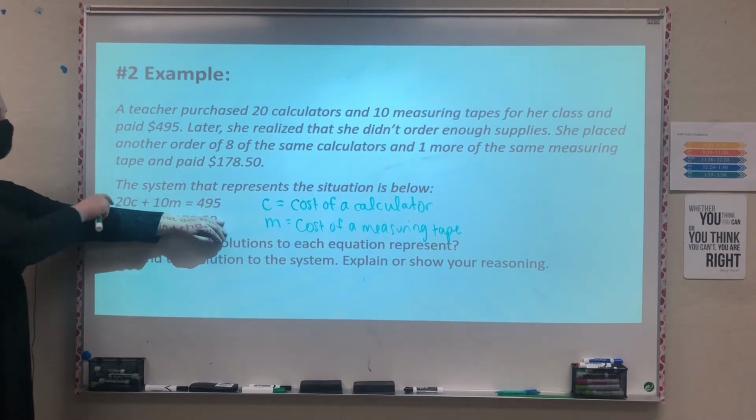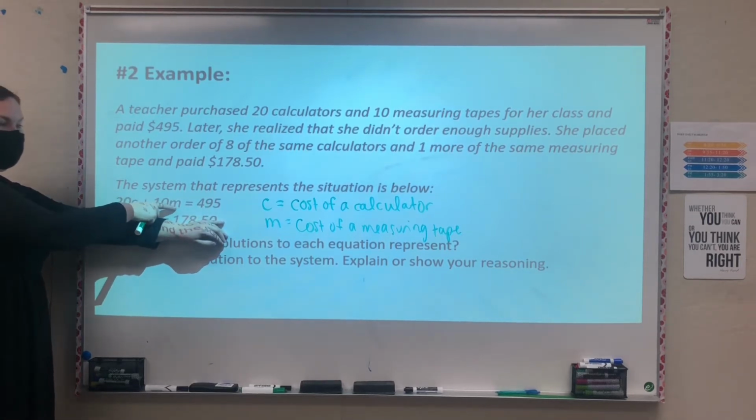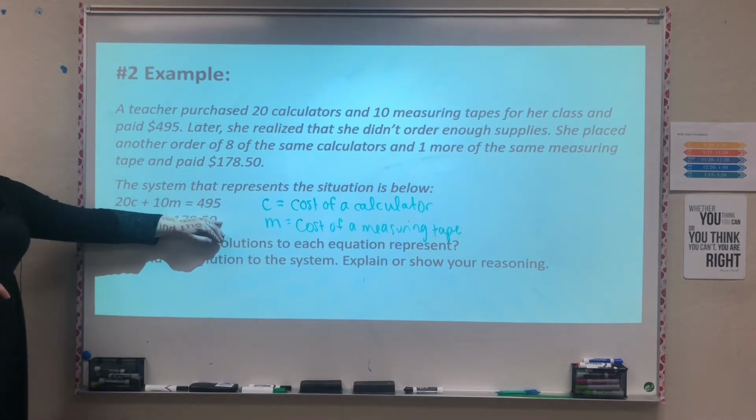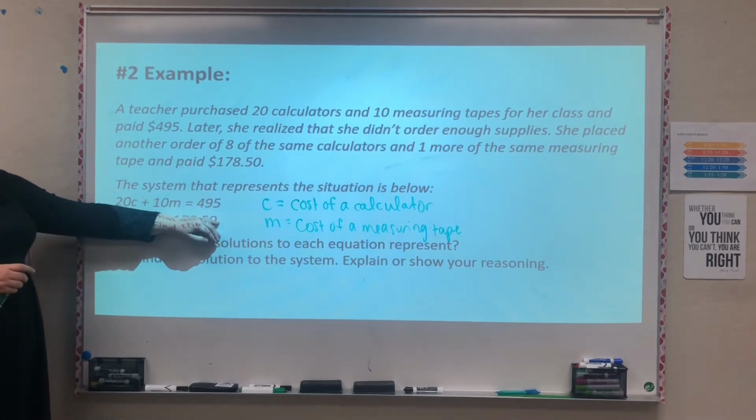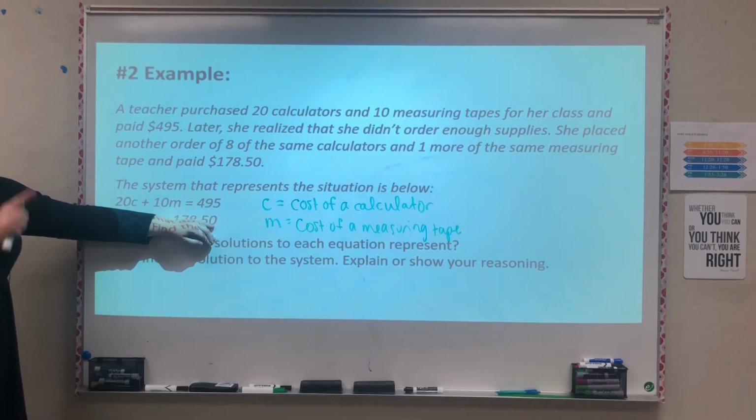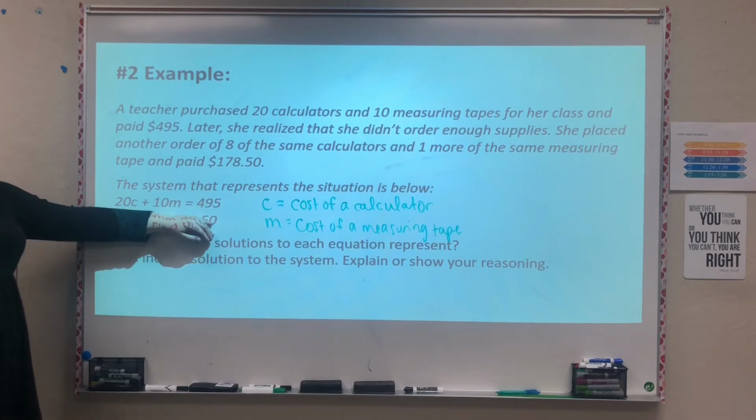So you think there's only one possibility of numbers we can put in here to get $495? Yes. So I'm going to challenge you on this. You come up with a possibility. I've got a possibility in my head. And if there's only one, it means we should be thinking of the same thing, right?